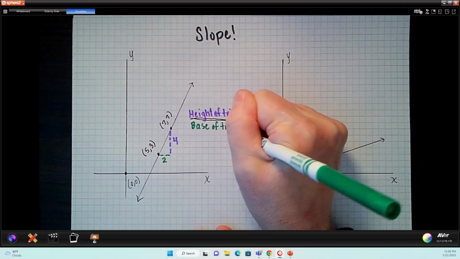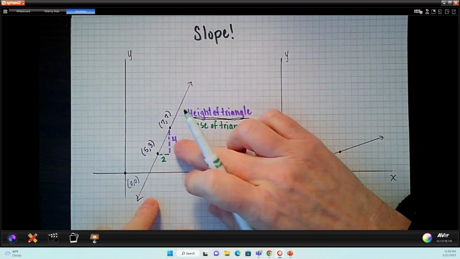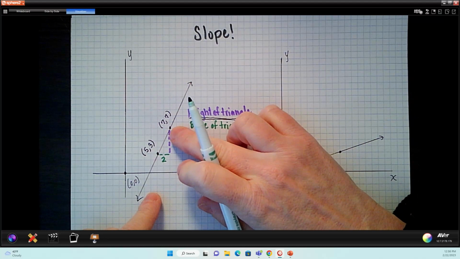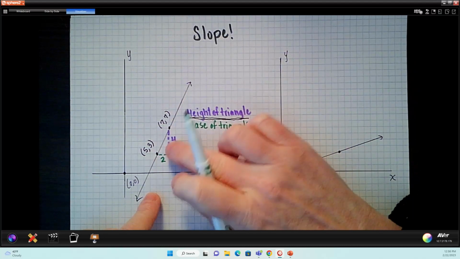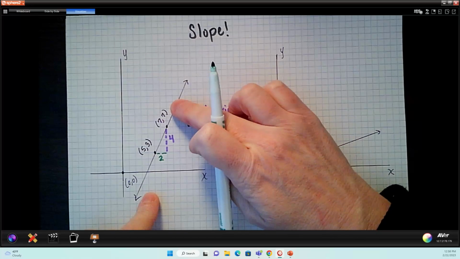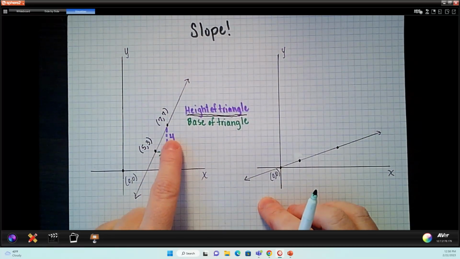I always like to think of slope as like a mountain. We know that the height of the mountain really determines the steepness, right? So if the height is more than the base, we know we're dealing with a steep line. Now in this case, our slope is 4 over 2.